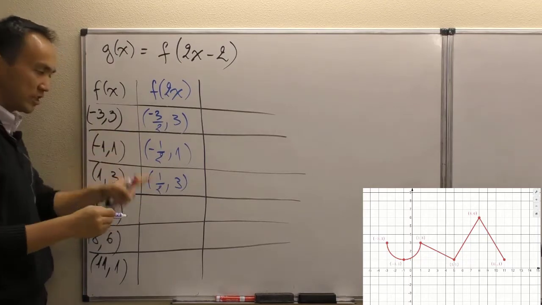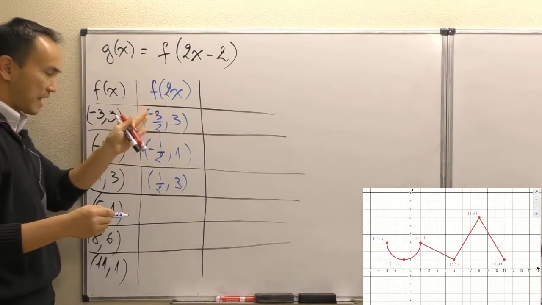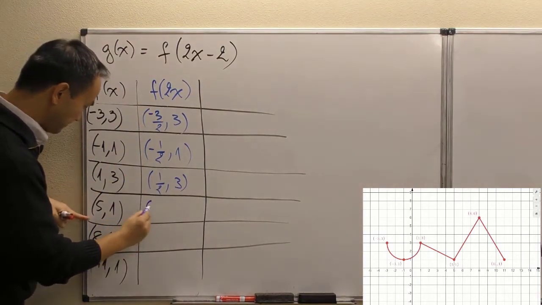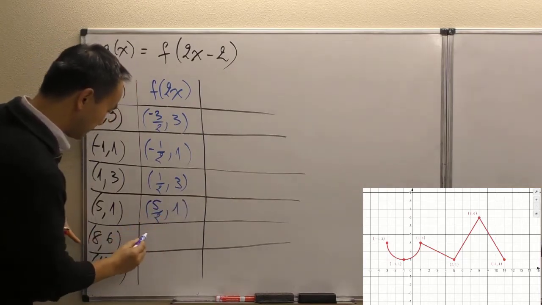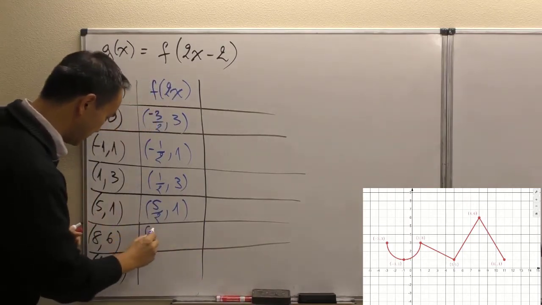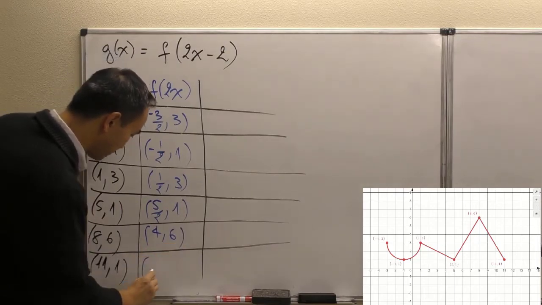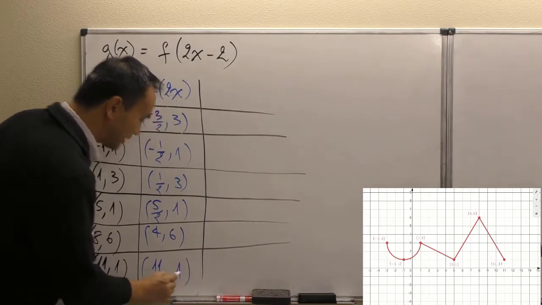Everything we are doing here is only happening on the x values. So (5/2, 1), and that's here giving me (4, 6), and this here gives me (11/2, 1).